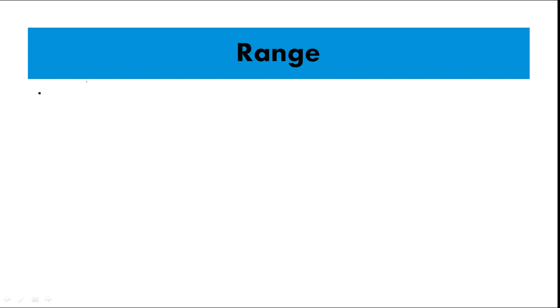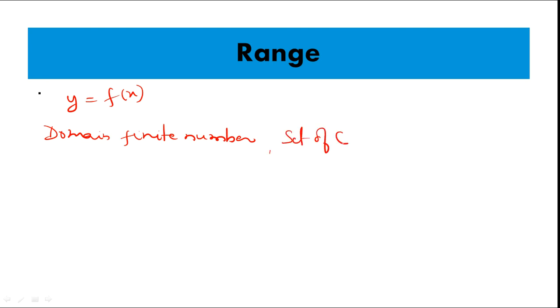Now let us move to the range. Range of y is equal to f of x is the collection of all the outputs of f of x corresponding to each real number in the domain. Similarly, if the domain is a finite number of points, the range will be the set of corresponding f of x values, right?